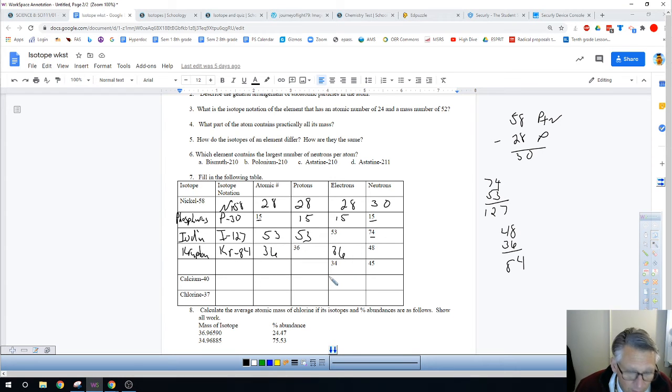And next we have 34 electrons. So that's going to be selenium, Se. And it's going to have an atomic number of 34 and 34 protons and 34 electrons and 45 neutrons. So if we take 45 plus 34, that will give us 79. Calcium 40.